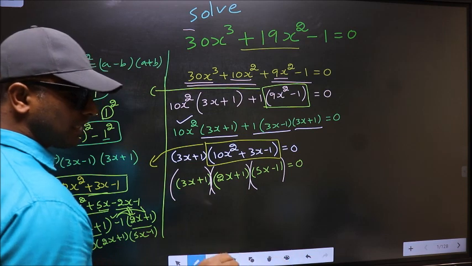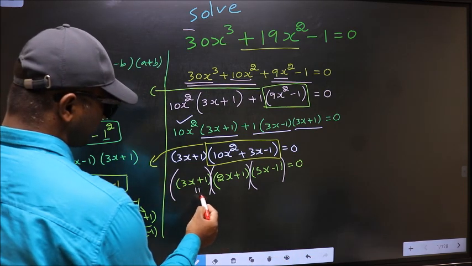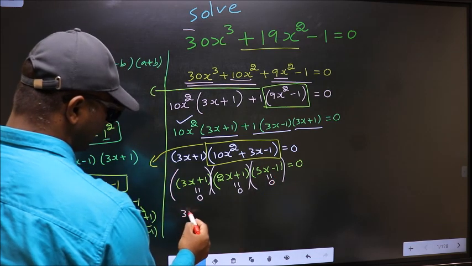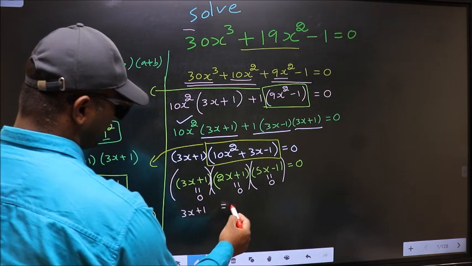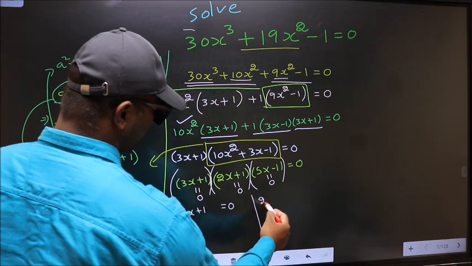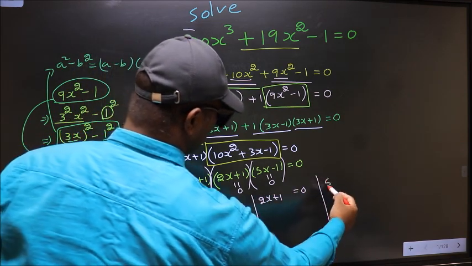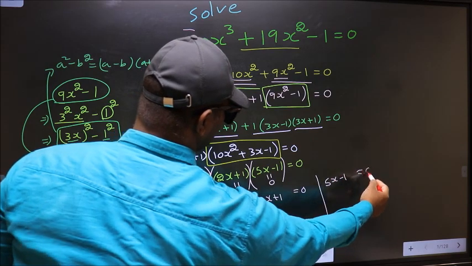To get the x values, we should equate each bracket to 0. That is 3x + 1 = 0, 2x + 1 = 0, 5x − 1 = 0.